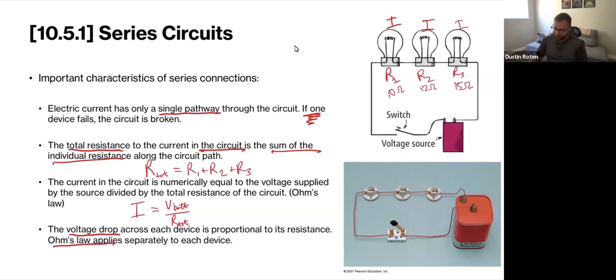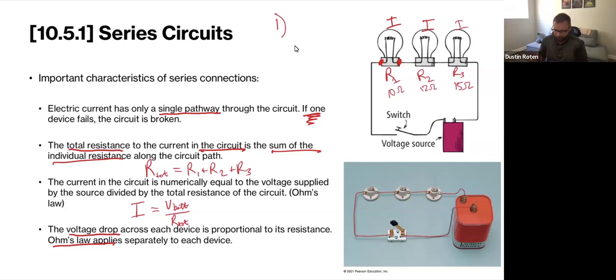So the whole point of this is that for the first light bulb, if we wanted to calculate the voltage drop across it, since they have different resistances, there'll be a different voltage drop, a different potential across each of these light bulbs, right? Because each one has different properties, so they're going to have different drops across them.